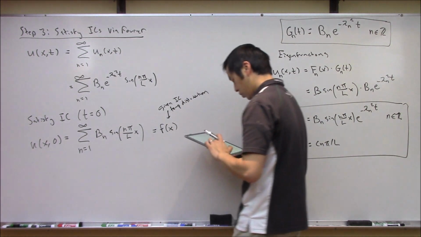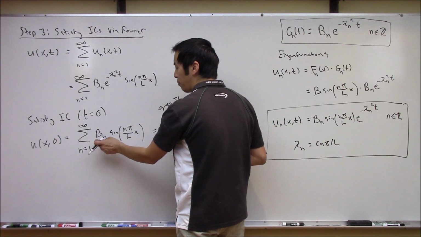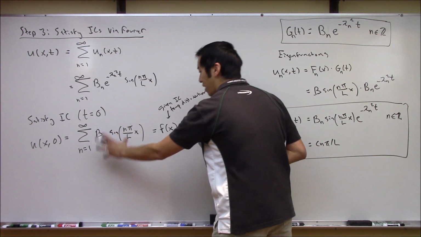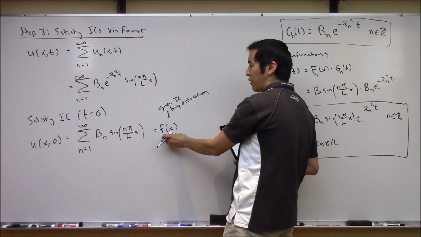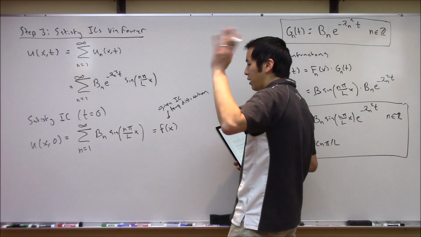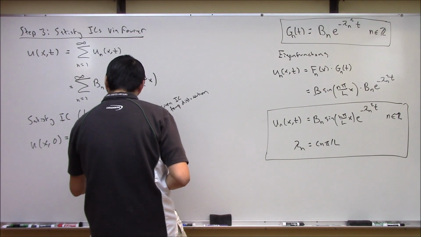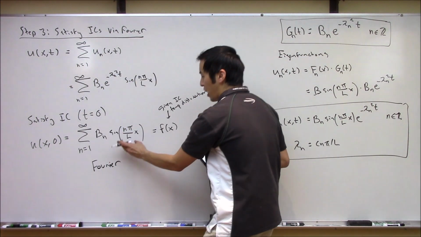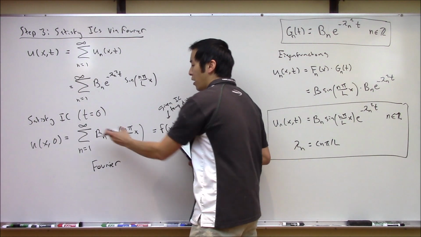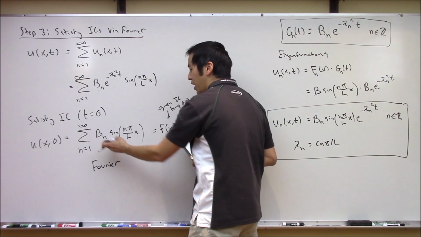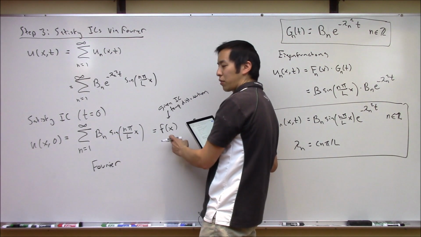The game plan at this point is that I just need to find all of these b coefficients that make the left-hand side of this infinite sum equal this arbitrary function of x. That should be ringing bells, because this is what Fourier analysis does. Fourier analysis says take a bunch of sine waves or cosine waves, or a combination of both, and add varying amplitudes of these functions together to make yourself equal to some arbitrary function.